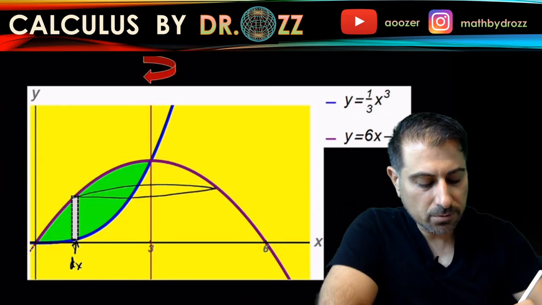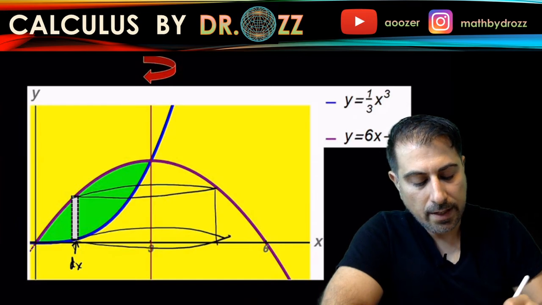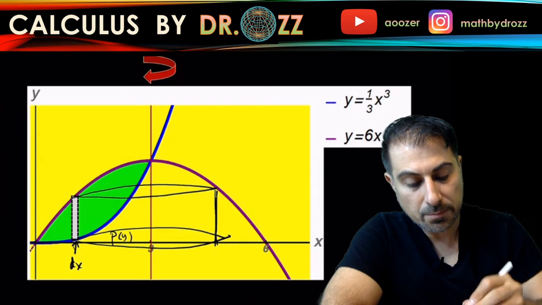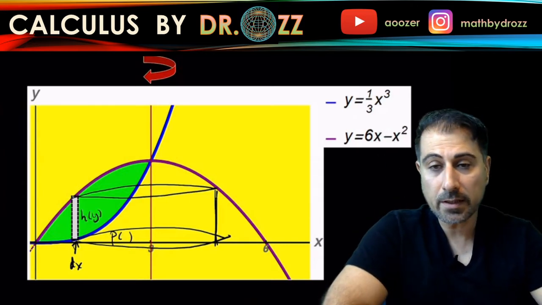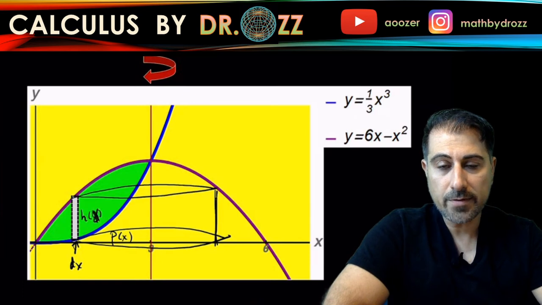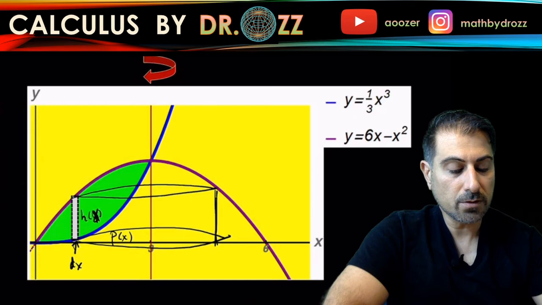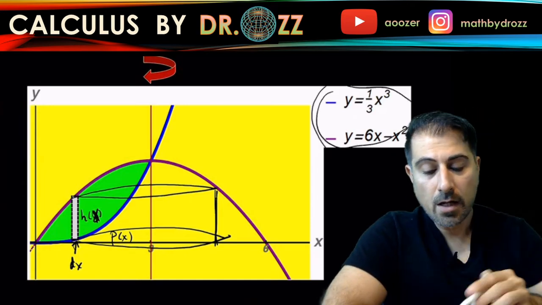All I need is to write down the radius p of x and the height h of x, because everything is depending on x in the shell method, right? In terms of these functions here.